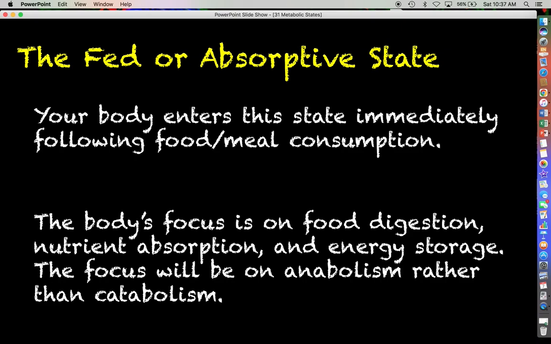So the whole body's focus here in the fed state or the absorptive state is going to be on food digestion, that goes without saying, nutrient absorption, again, that goes without saying, and energy storage, okay? So yes, we do eat food for the sake of feeding our needy tissues, but we're not usually going to find ourselves in such a starved state that we need to eat food and then all of that food just immediately gets used up.